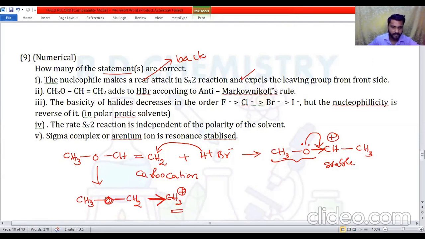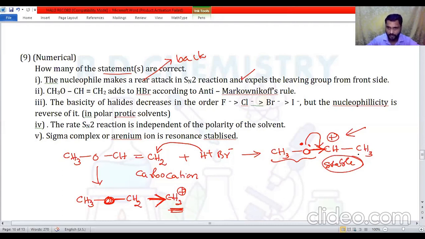Oxygen can act like an electron withdrawing group, an electronegative element. So this carbocation is not much resonance stabilized compared to the other carbocation. In that carbocation, oxygen can directly give the lone pair, or through OCH3, to the carbon atom containing the positive charge. Therefore, this is the more stable one.